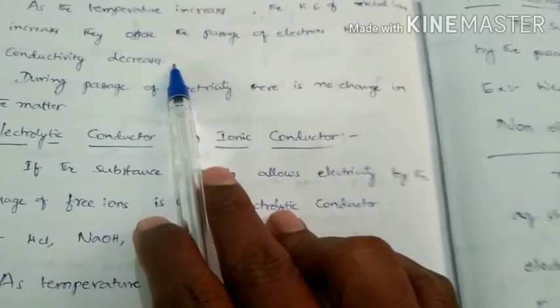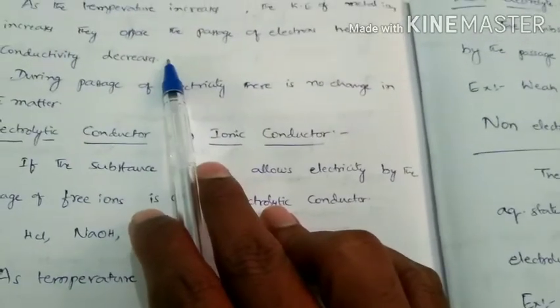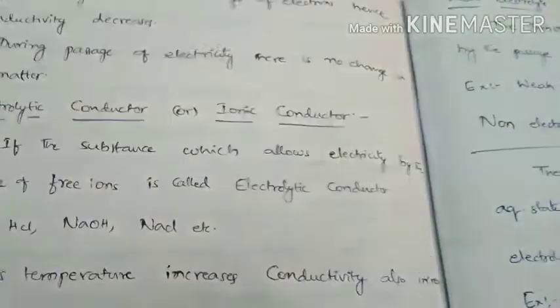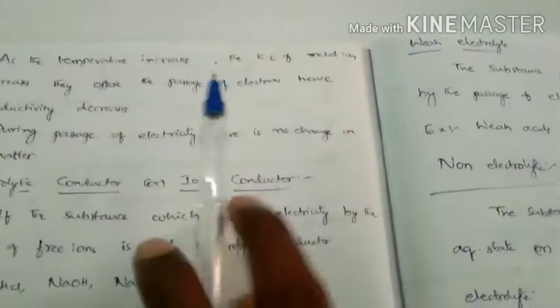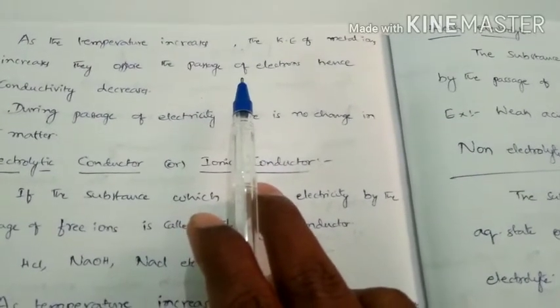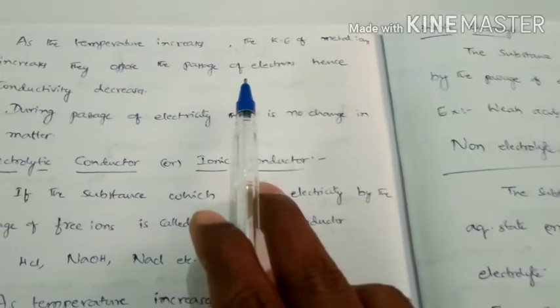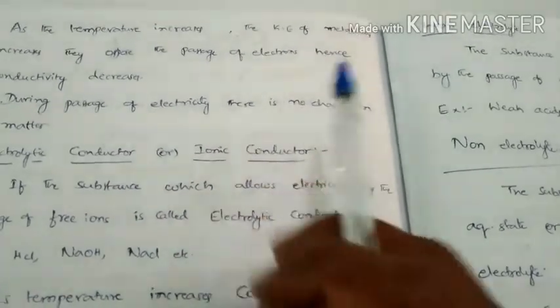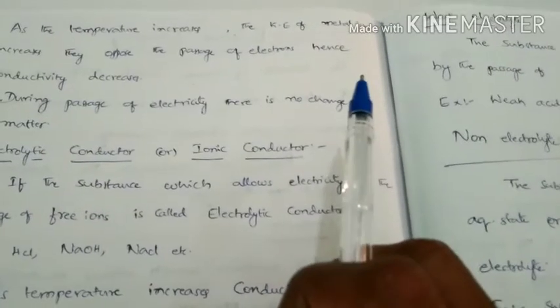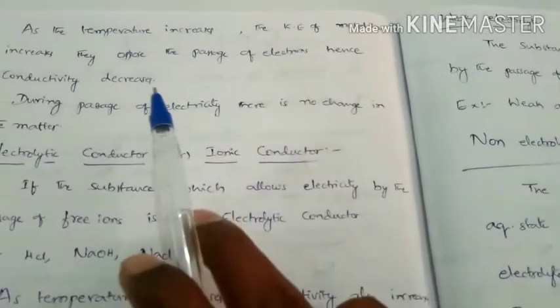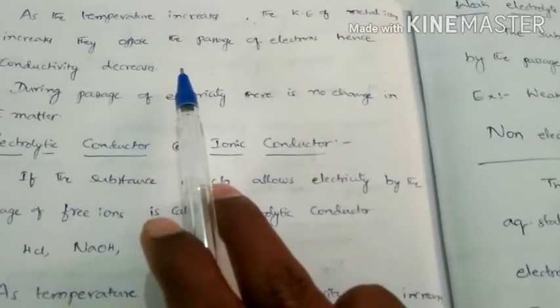So this is a very important point. In case of metallic conductors or electronic conductors, if temperature increases, the kinetic energy of metal ions also increases. Then those metal ions oppose passage of free electrons because those metal ions attract electrons. Automatically, the passage of free electrons decreases, then conductivity decreases. This is a very important point.